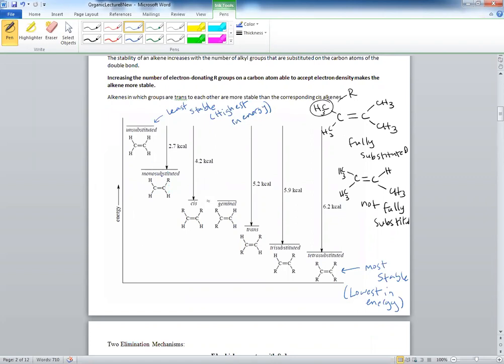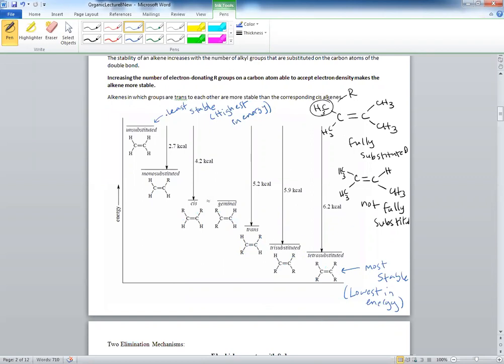So monosubstituted look a lot more stable, a difference of between 2.7 kcal. If you look here, the cis, meaning you have 2 R groups now on the same side. If you have trans, it is even more stable. Tri-substituted is very stable, and then tetra is the most stable. So the more R groups you have and the bigger they are, the more stable.